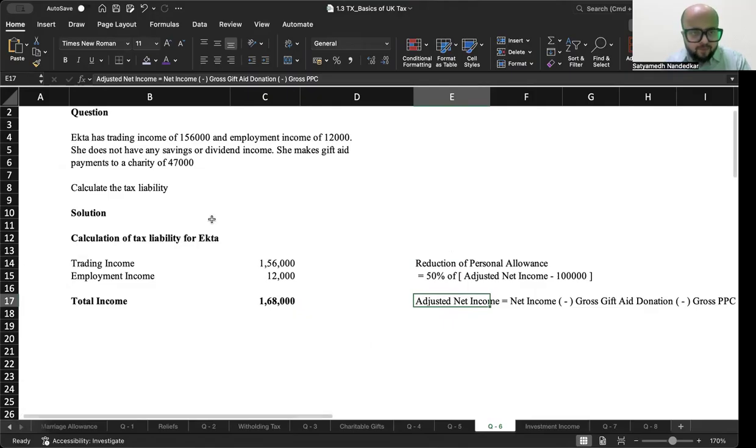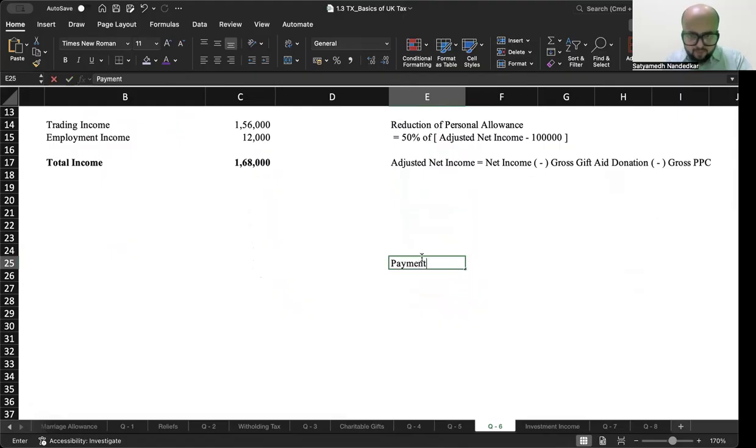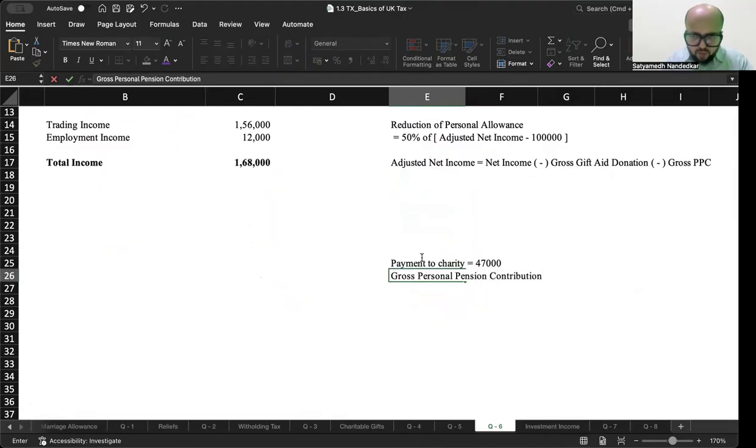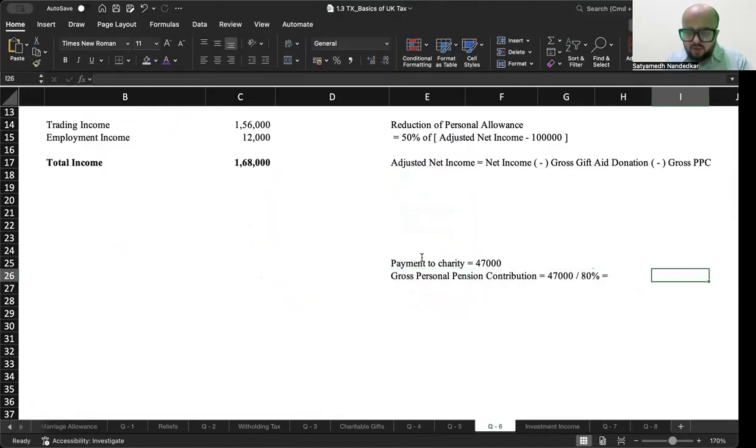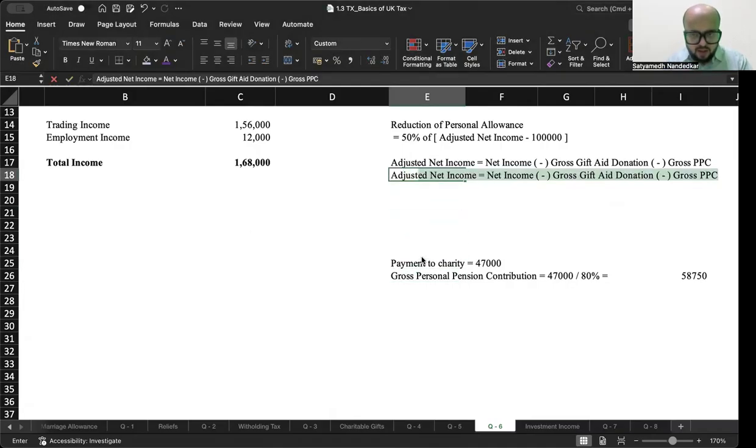Now, in this case, the payment made is 47,000. Okay. Payment to charity is 47,000. So, gross gifted donation is 47,000 upon 80%. How much does that give you? Check. 47,000 divided by 80%. That gives you 58,750. Is that right? So, what is your adjusted net income?